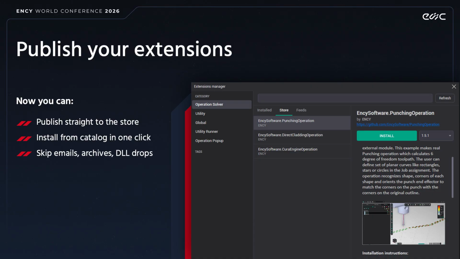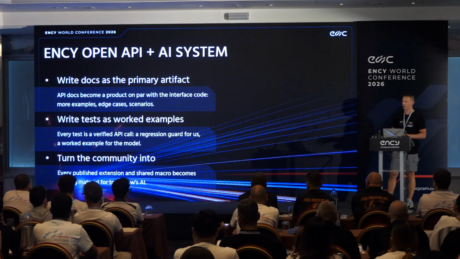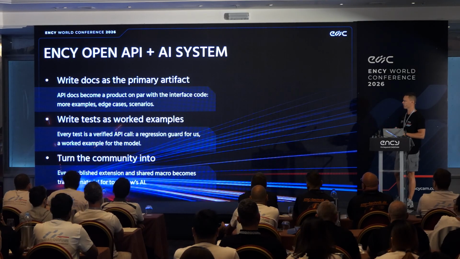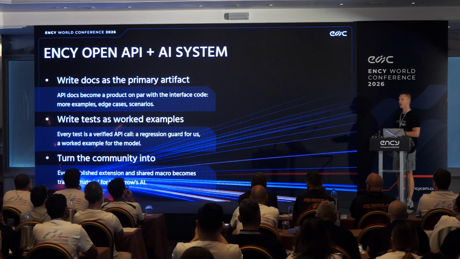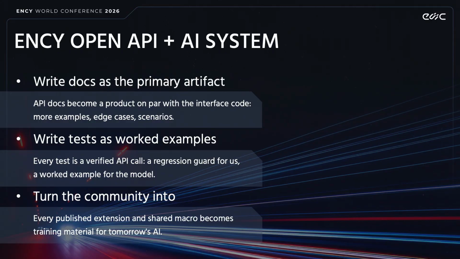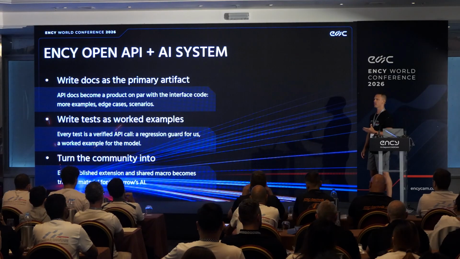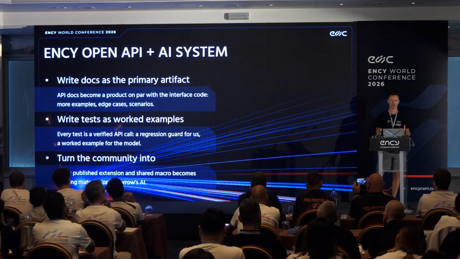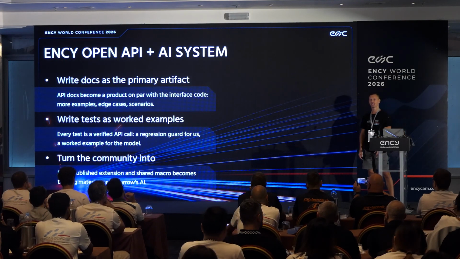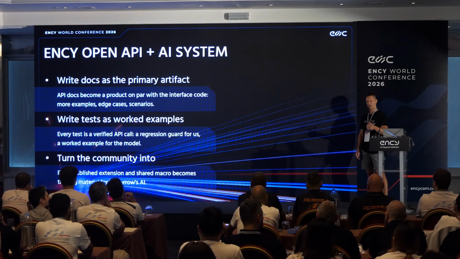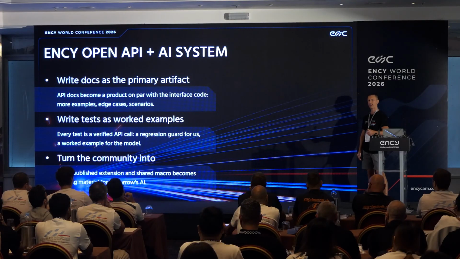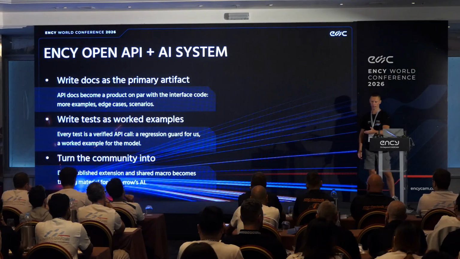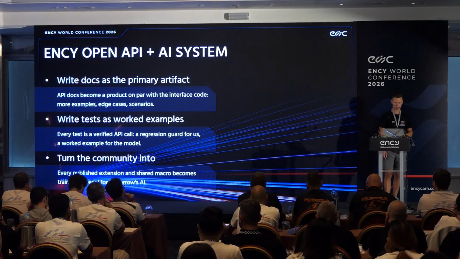You see it on the screen, and now publishing an extension is as easy as sending a link, nothing more difficult. But the main breakthrough of this year is AI development. Frankly speaking, I've handed this topic to my colleagues, but AI is not only their story, it runs through my corner too, through the API, because previously API was just a contract between ENCY and users. Now API is a contract between ENCY and AI, as you understood from our previous presentations.